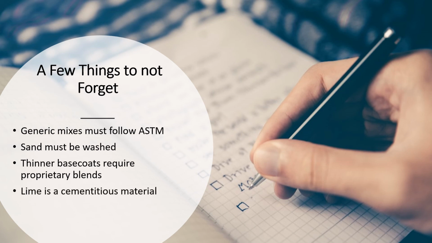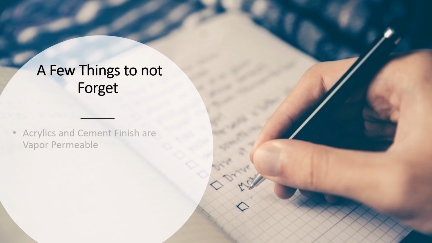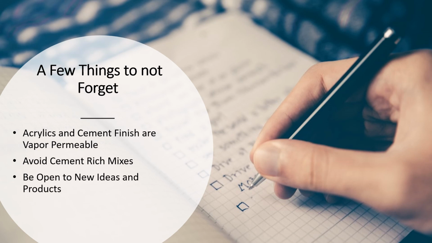Lime is considered a cement material. Acrylic and cement finishes are both vapor permeable. You should avoid cement-rich base coats. You should be open-minded to new ideas and new products. In Module 4, we will cover the application of stucco.